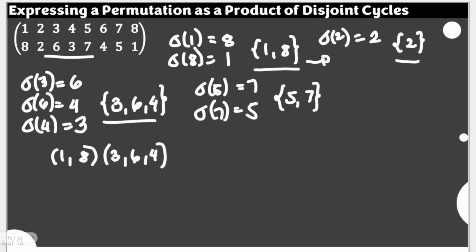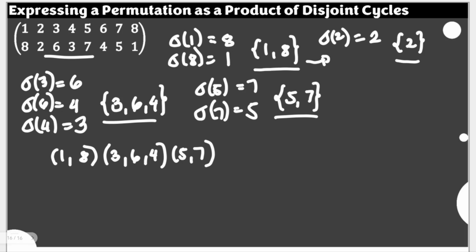And similar to earlier, 3 is mapped to 6, 6 is mapped to 4, 4 is mapped to 3, all the rest are mapped to themselves. And we have this last orbit, 5 and 7. So these are now the 3 disjoint cycles, and you would know that they are disjoint because they don't share any element, and when multiplied they should result in the given permutation.